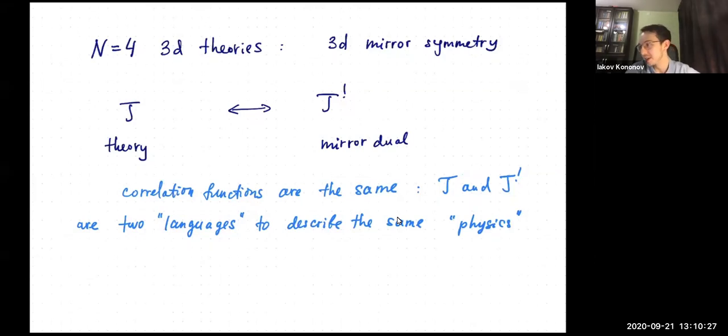Basically it means that for any theory T, there is some sort of dual theory, and the correlation functions are the same in the two theories. They are just two different languages to describe the same phenomena.